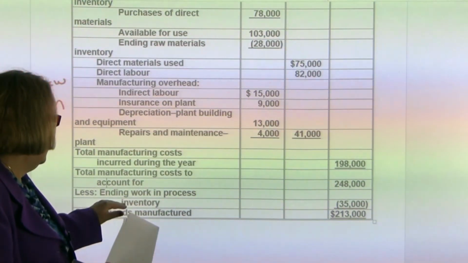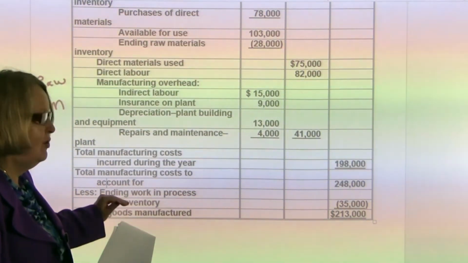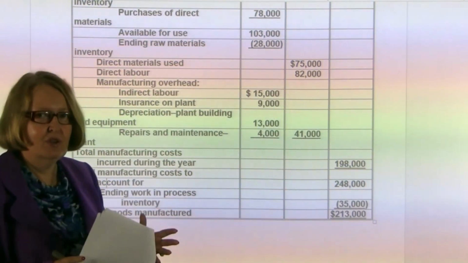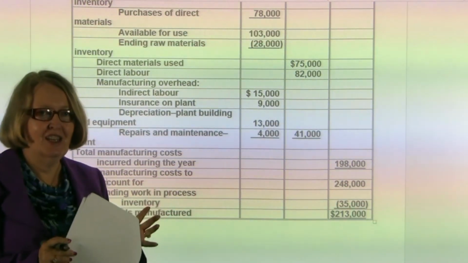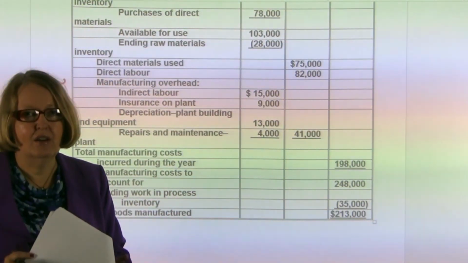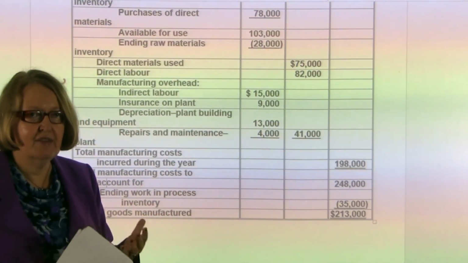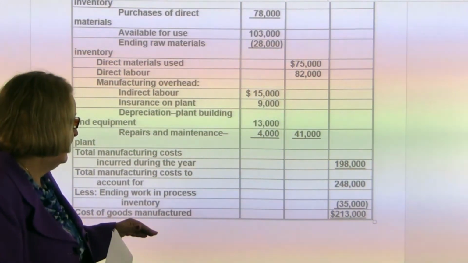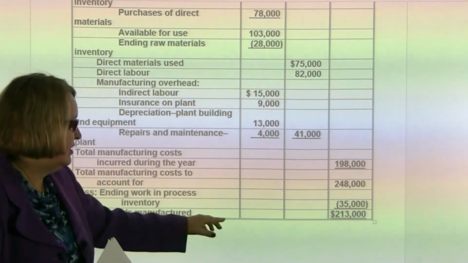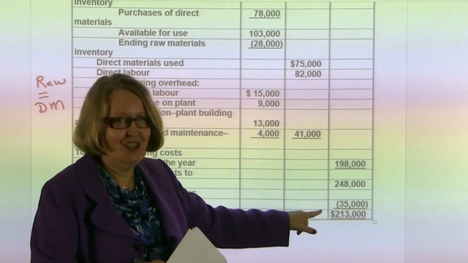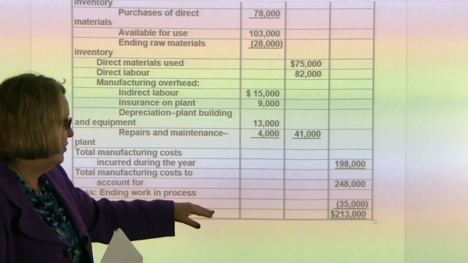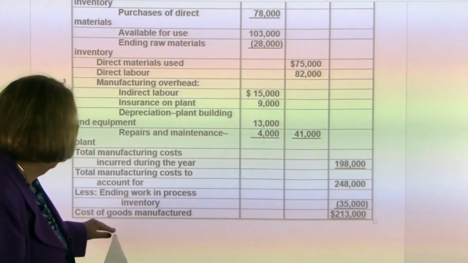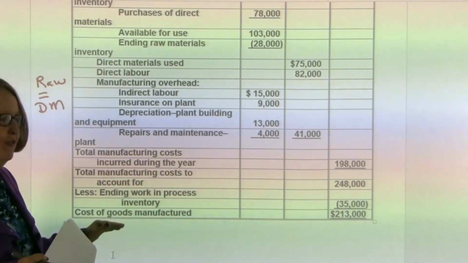What you have to do here is you have to deduct your ending work in process. So, of course, in most business organizations, you don't actually finish every product that you start on during the period. You're always going to have some that are partially finished at the end of the year. So in this case, you had $35,000 worth that was partially finished at the end of the year. So you subtract that from your total manufacturing costs incurred to come up with your cost of goods manufactured.